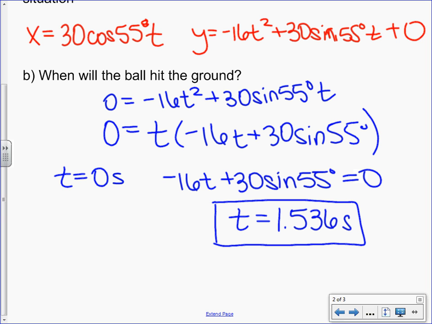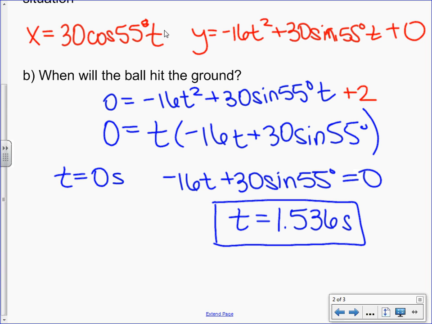Okay. Now, what was nice about this is our initial height was 0, which means we didn't have a number right here, right? Let's pretend, just for a couple seconds, that our initial height was, say, 2. How would we have to solve this equation if we did have an initial height other than 0?